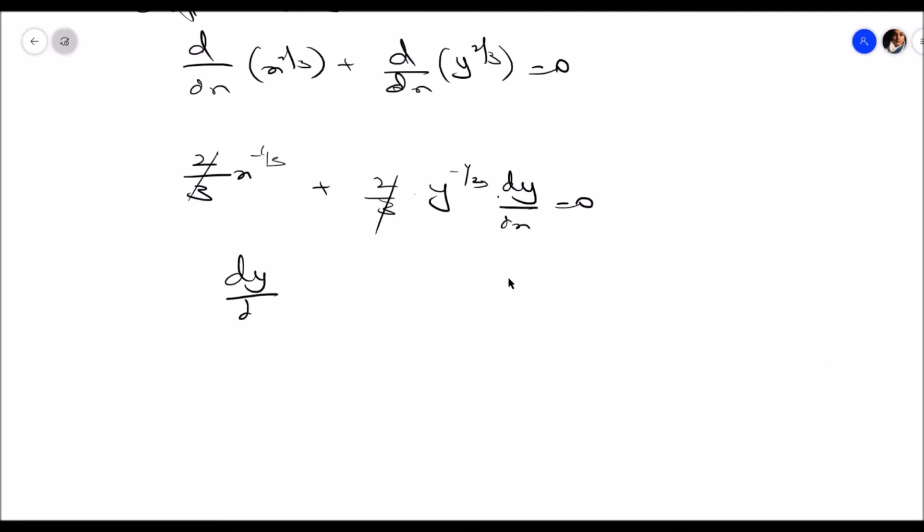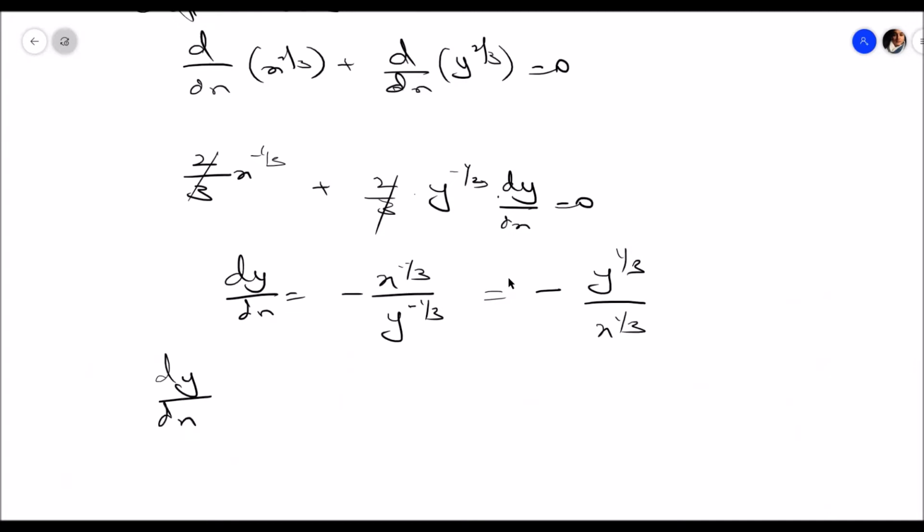So dy by dx, if I make it the subject, is nothing but x to the power of minus 1 by 3 by y to the power of minus 1 by 3 with a minus sign. Okay. Because these two have negative powers, they can be reciprocated. So that will be nothing but y to the power of 1 by 3 by x to the power of 1 by 3.